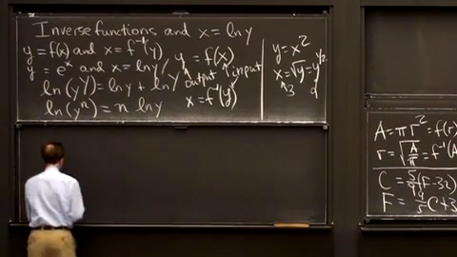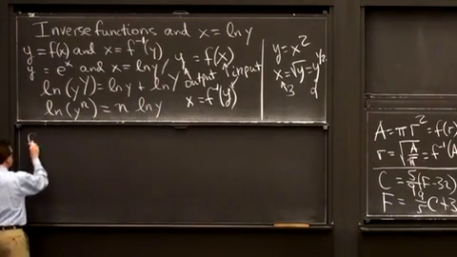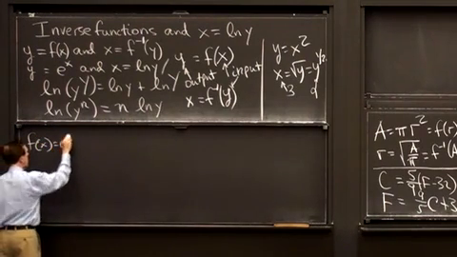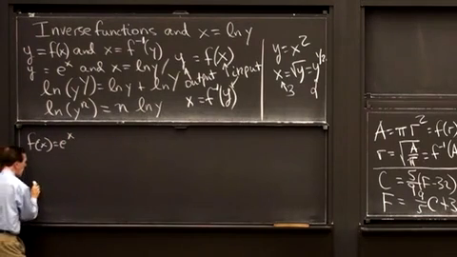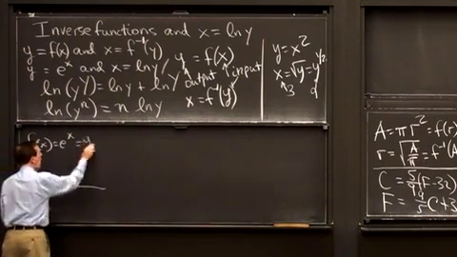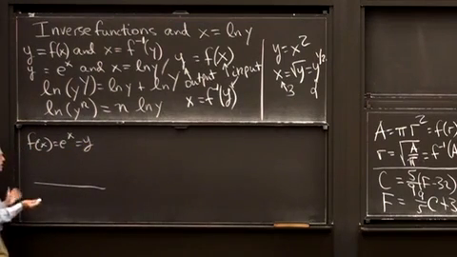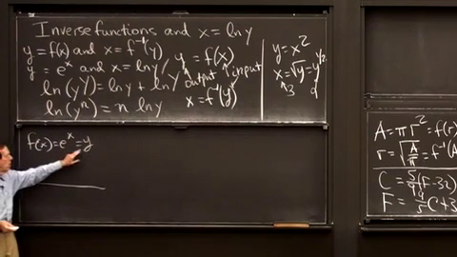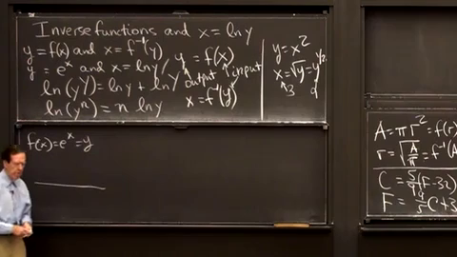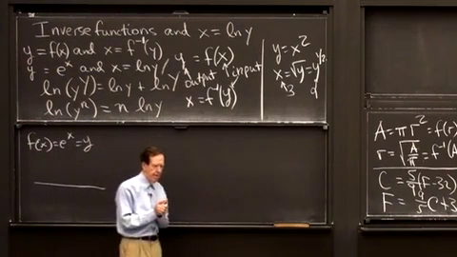Okay. So now my function of x is e to the x, and I want to graph it. This is, of course, y. Actually, I realize x can be negative or positive, no problem.